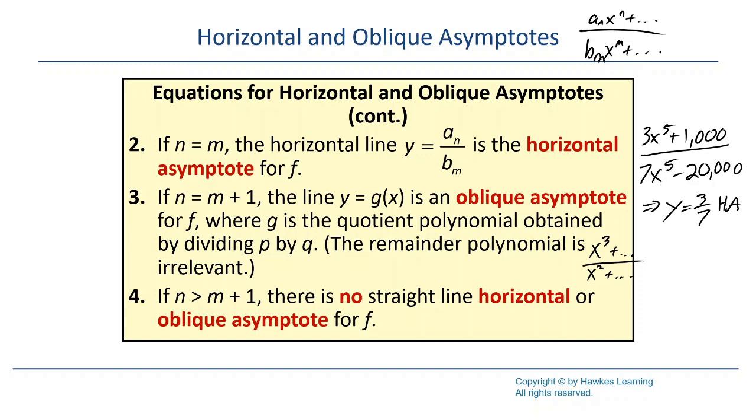But if the degree of the numerator is greater than the denominator by more than 1, then there are no horizontal or oblique asymptotes.